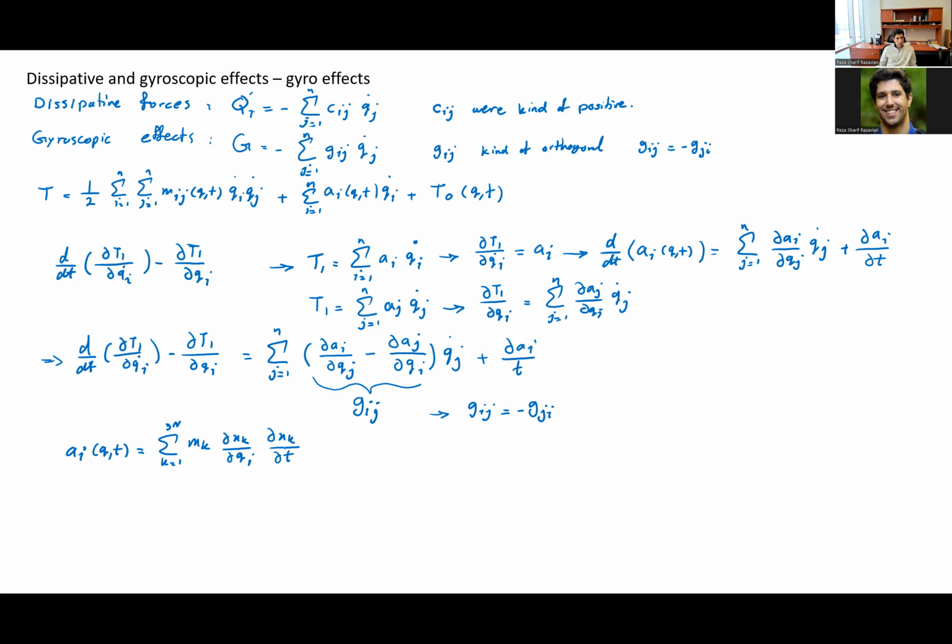So I want to draw your attention to two things. One is we're talking about some kind of inertial effect. Because of inclusion of this inertia in the equations, this effect that we're dealing with is somehow an inertial effect.